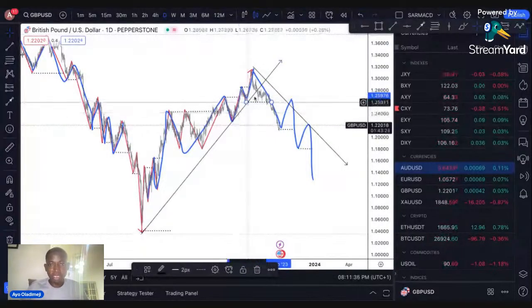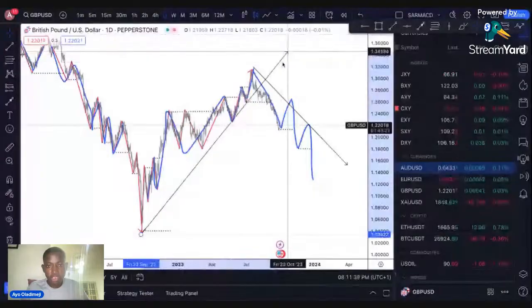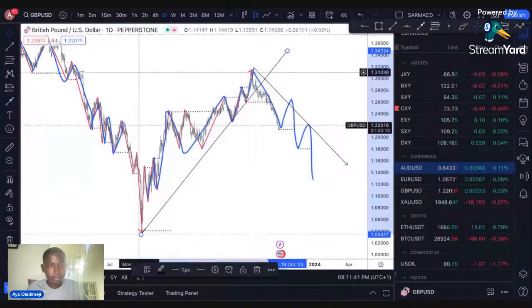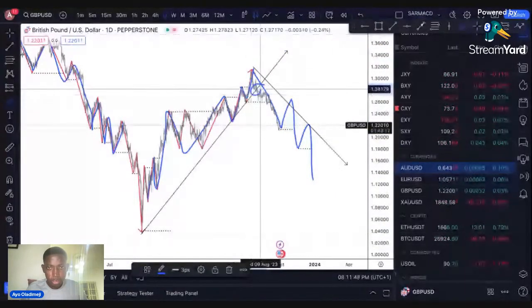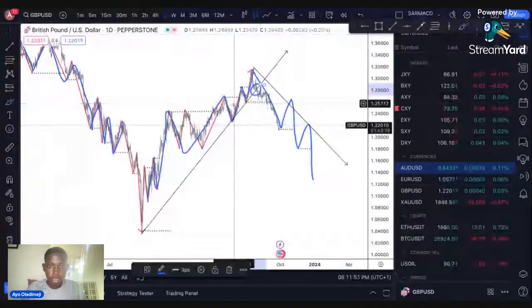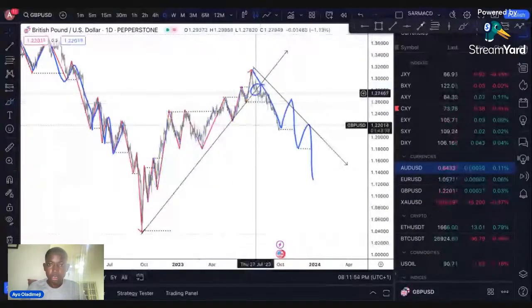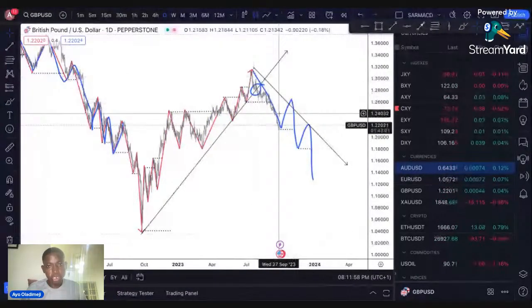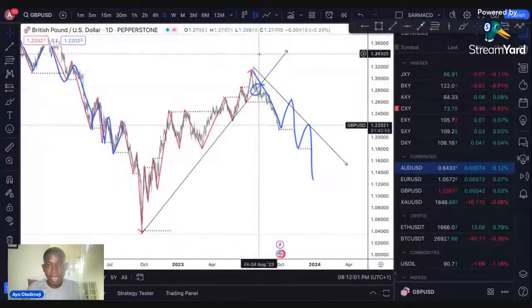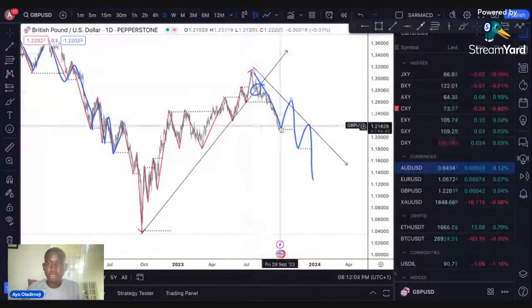The trend line that indicates the market is going up has also been broken by this move as it was moving down. So that's another thing showing you that the trend has changed from an uptrend to a downtrend.